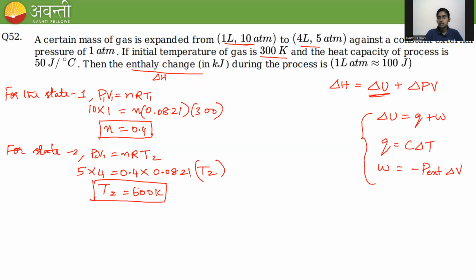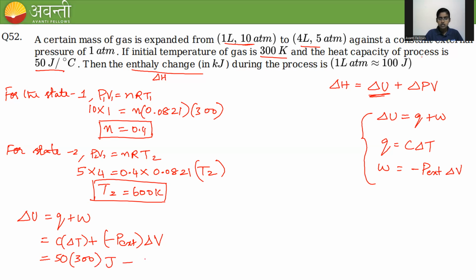T2 is 600 Kelvin. Now we know that delta U is equal to Q plus W, and Q is equal to C delta T, plus W is minus P external delta V. Now the heat capacity C is given as 50 joule. So substitute 50 in place of C, and the change in temperature is 300.